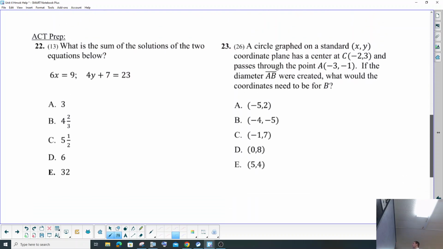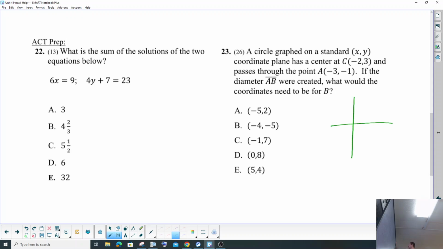A circle graphed on a standard xy coordinate plane has a center at -2, 3. So -2, up 3. And it passes through the point -3, -1, which is down here.